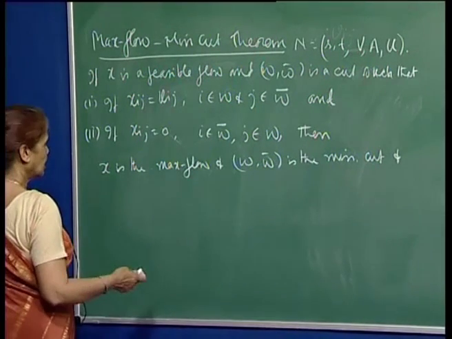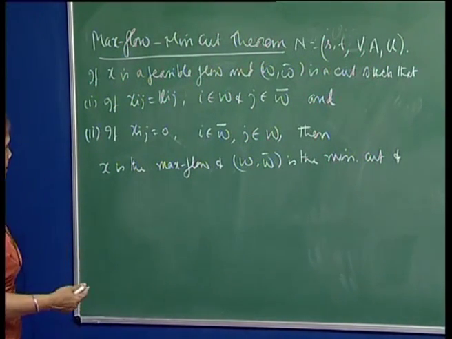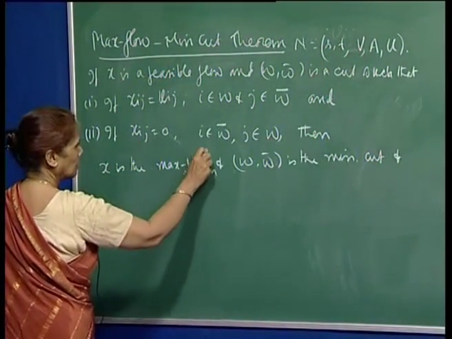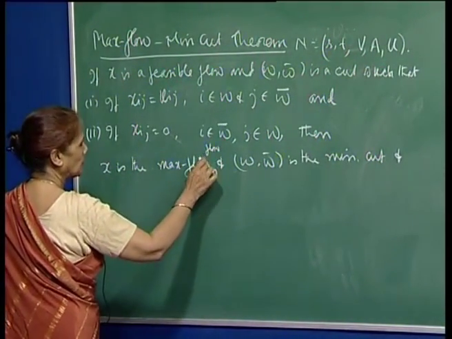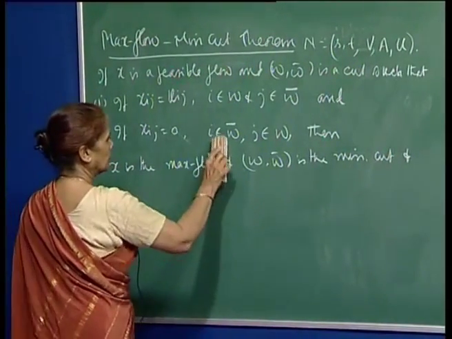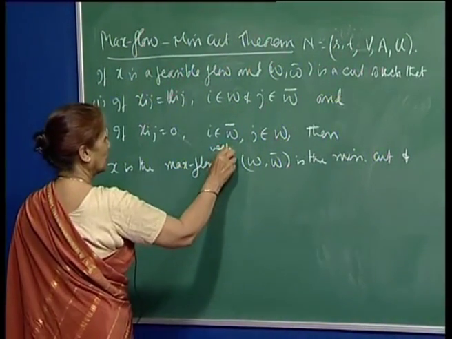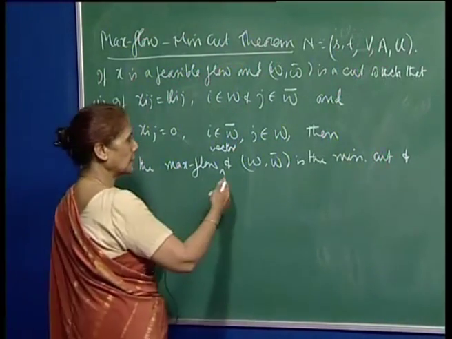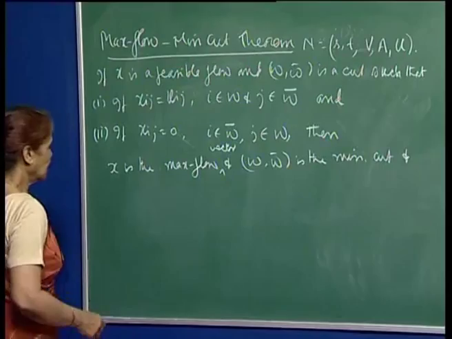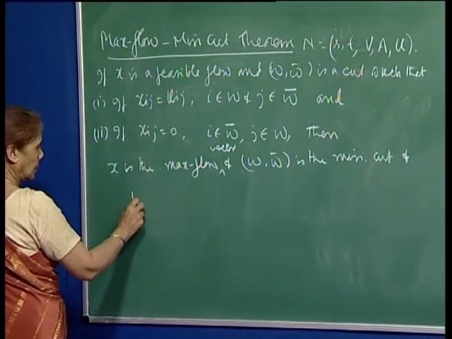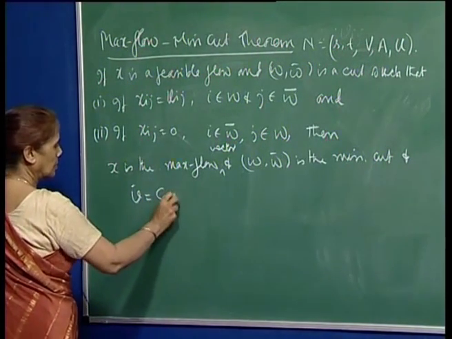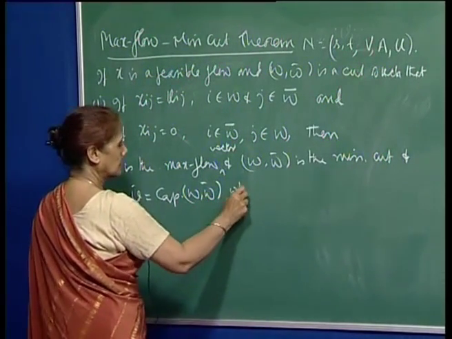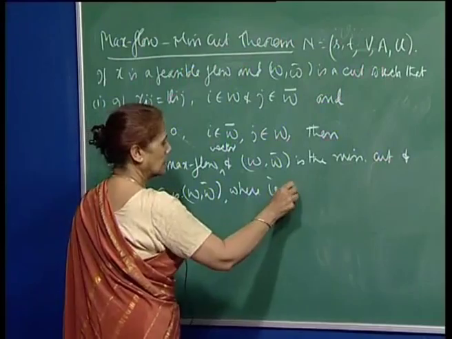Here again the understanding should be clear: X is the max flow vector, because the components denote the flow on the arcs. So X is the max flow vector, W bar is the min cut, and V bar is the capacity of W bar, where V bar is the max flow.